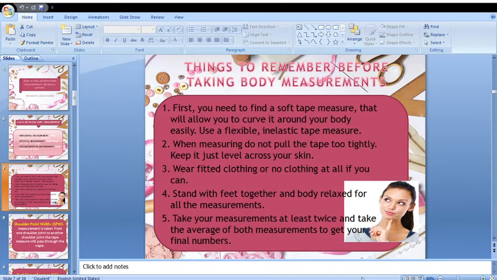And then, your client must wear fitted clothing and she must be relaxed, stand with feet together, and measure at least twice. Alright, so we have here Rizal, our client for today. So Rizal wears a fitted dress.